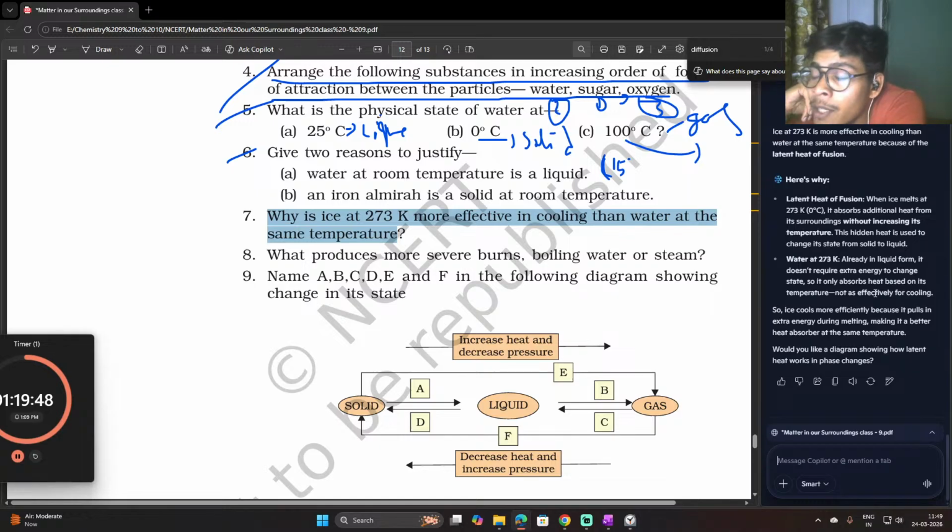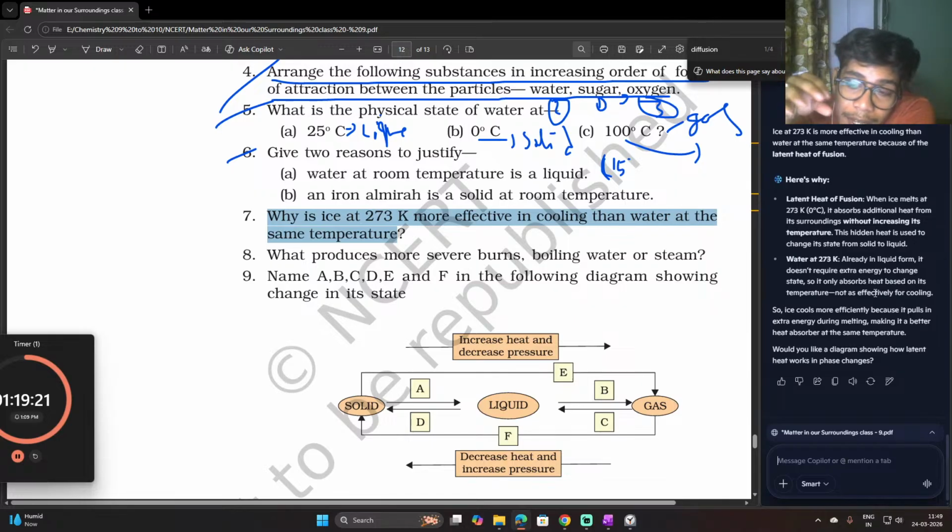without increasing its temperature. This hidden heat is used to change its state from solid to liquid. But in 273 K water, because water is already in liquid state, it doesn't need any extra heat to change to liquid, because it's already liquid.